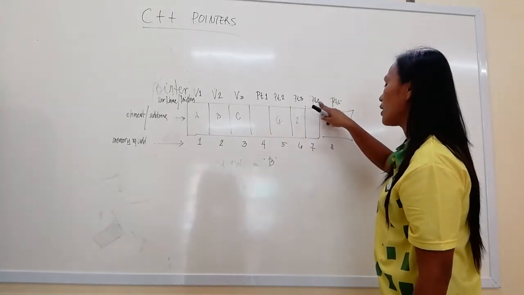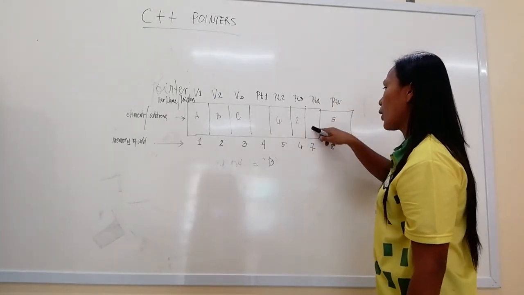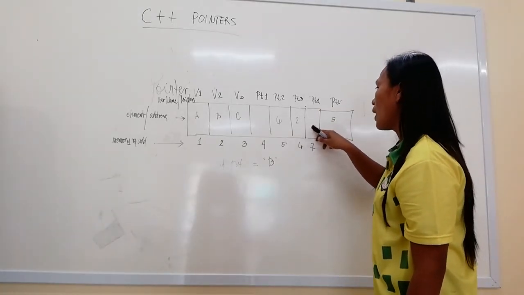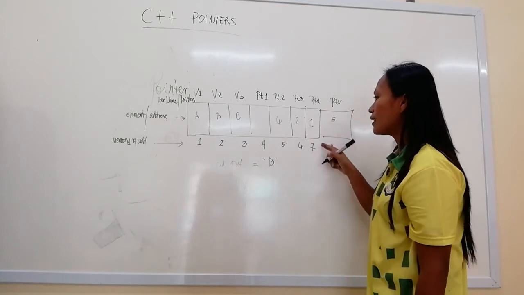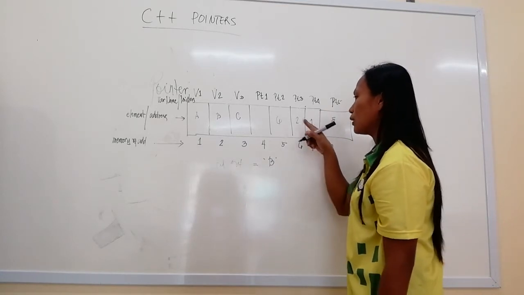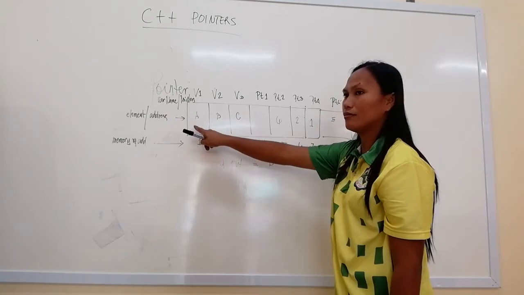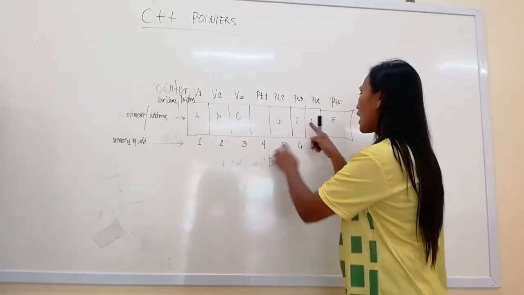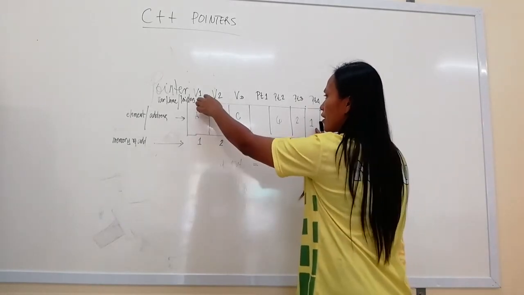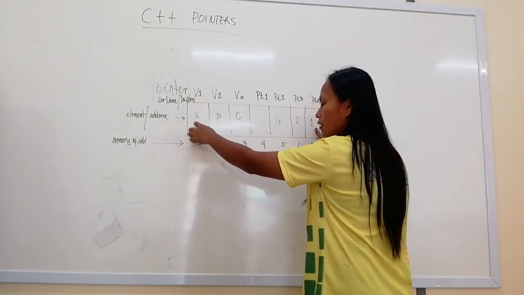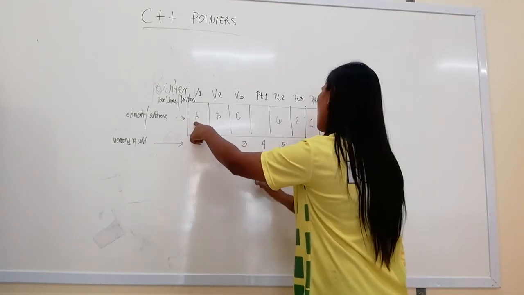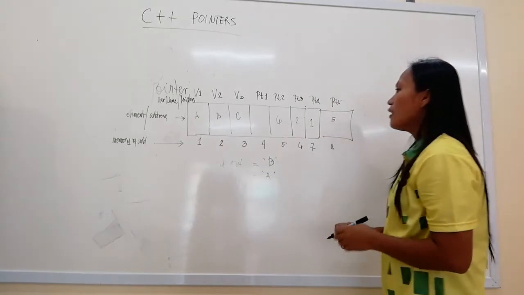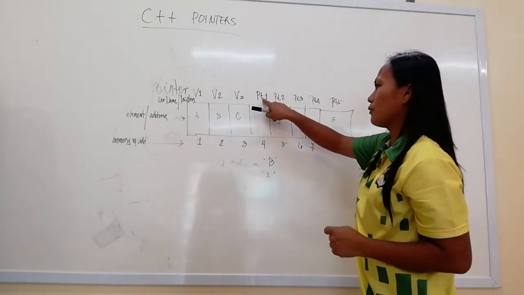Now, we have here pointer 4. For example, we point pointer 4 to the memory address 1. So, the 1 in here is located in this part. This would be the memory address 1 under variable 1, which contains the value of A. So, our output number 2 is A. Next, we have pointer 1.